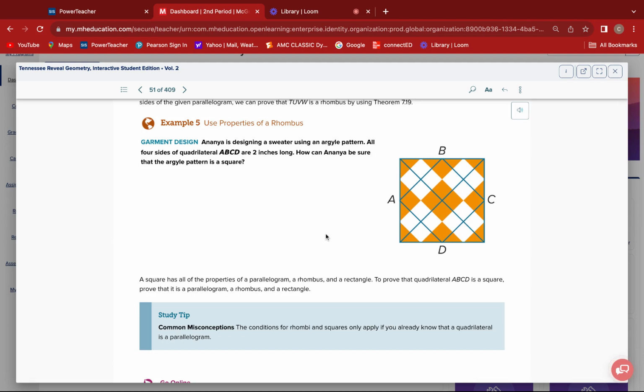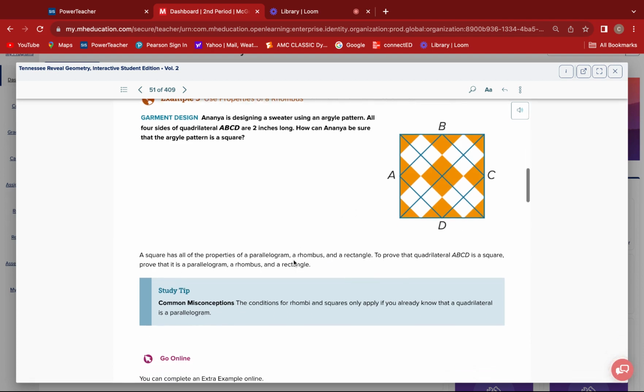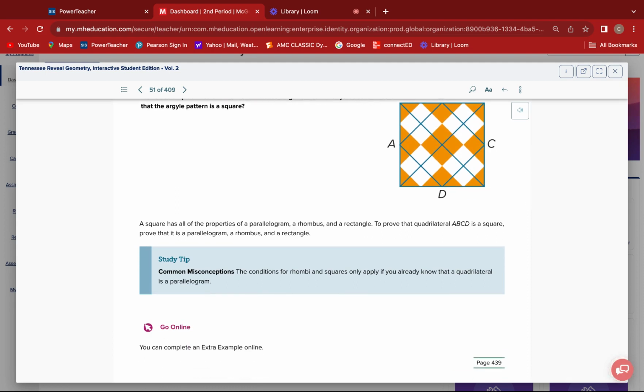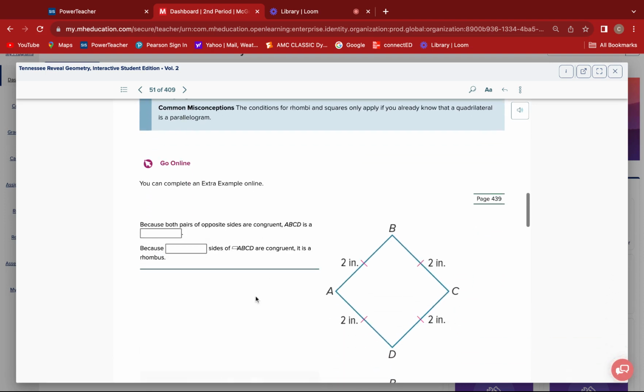Because in a rhombus, they would bisect each other, but they would not necessarily be all 4 congruent. All right, a square is a parallelogram. Square works for a rhombus. Okay. Let's see. I have to turn to the next page in the workbook to figure this one out. Okay, here we go.